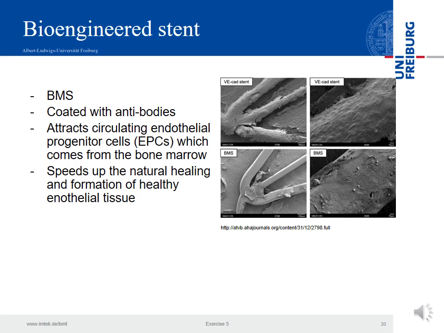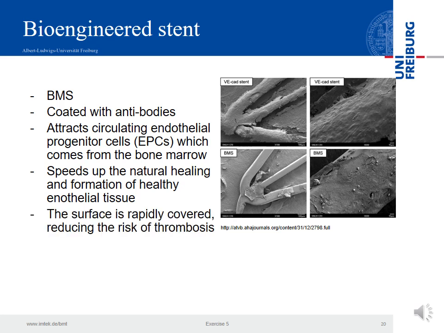We have healthy endothelial tissue towards the bloodstream. The surface is rapidly recovered, and this reduces the risk of thrombosis. They are still in clinical trials, but not yet approved, and so we have to see when they will come to the market.